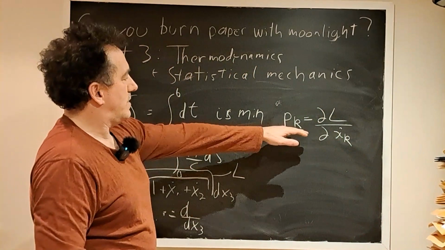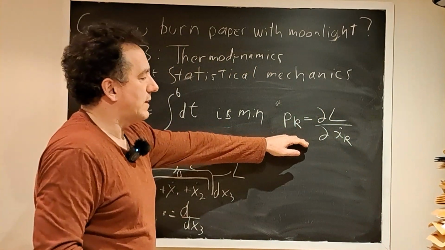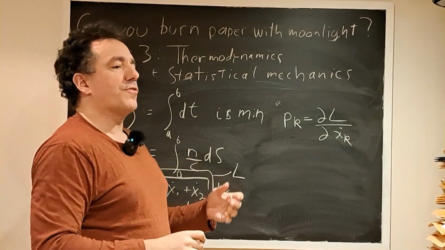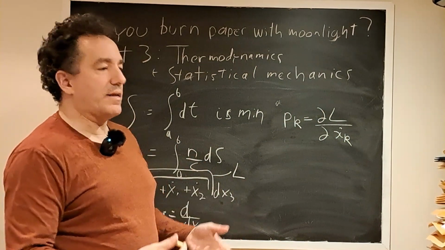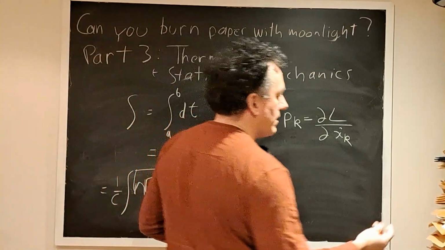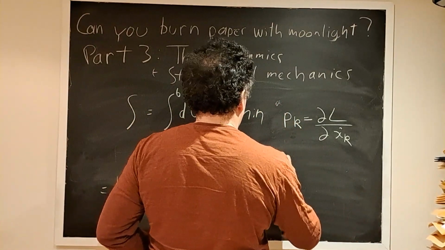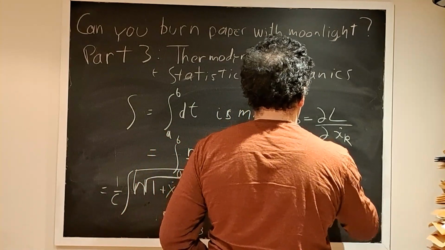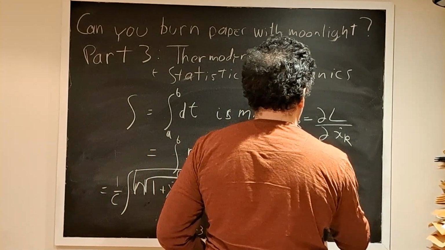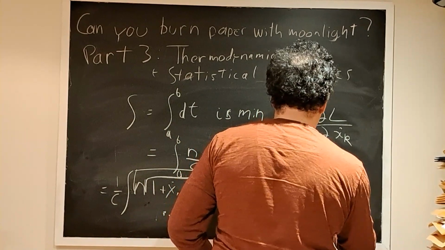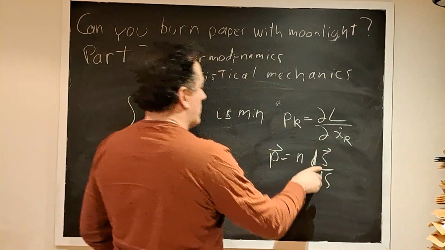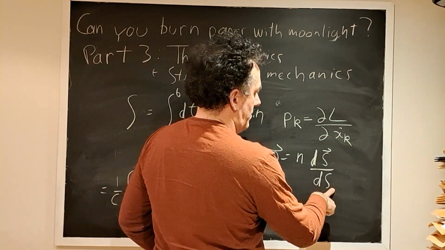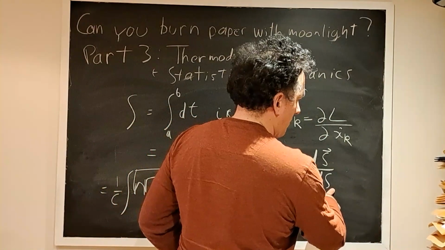And this momentum is basically an indication for a light ray of the direction at which it's propagating and the speed at which it's propagating. And we can get that the momentum vector is equal to n times dx over ds, which means the small increment in position divided by the length of that increment.